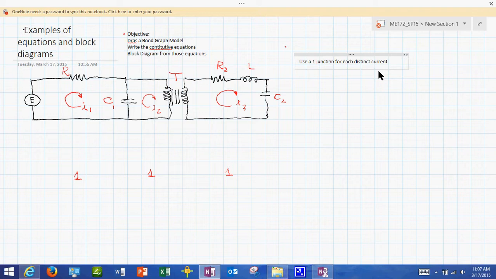Okay, so we did that. Then the next step for us is to attach all elements that experience those currents. So let's do that.